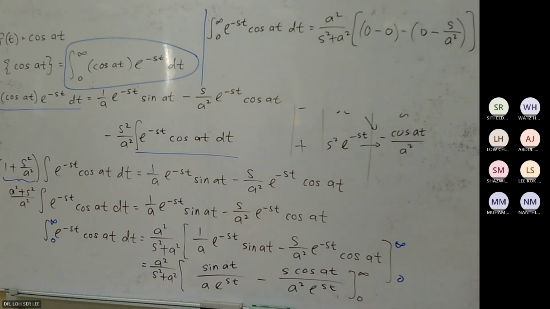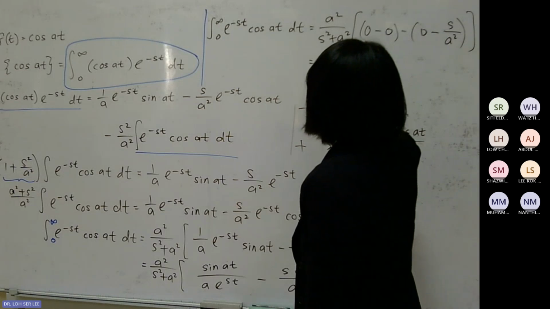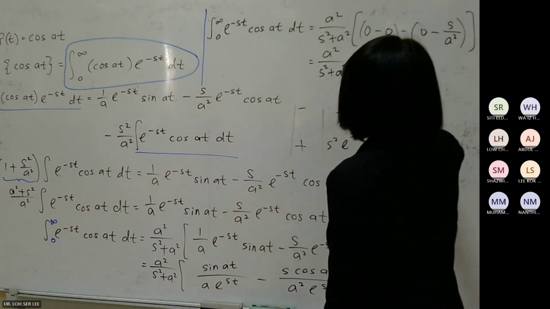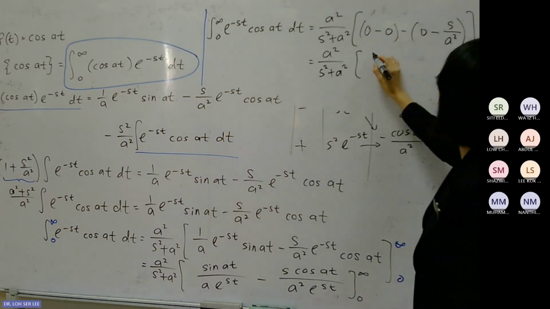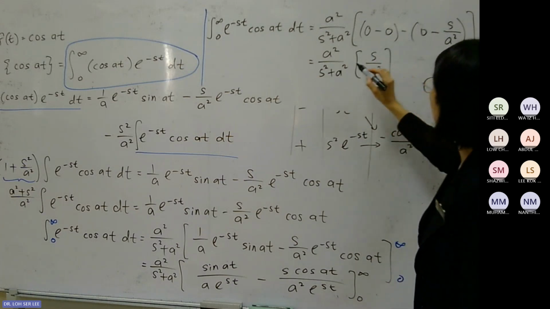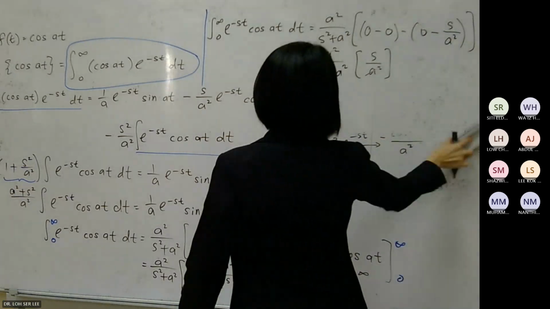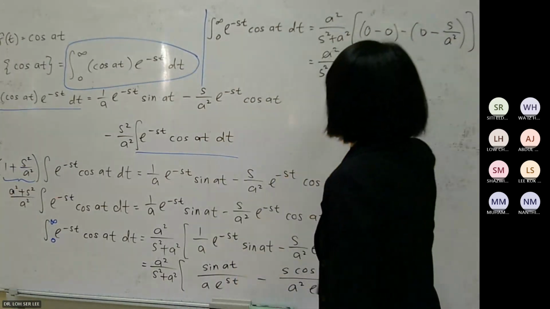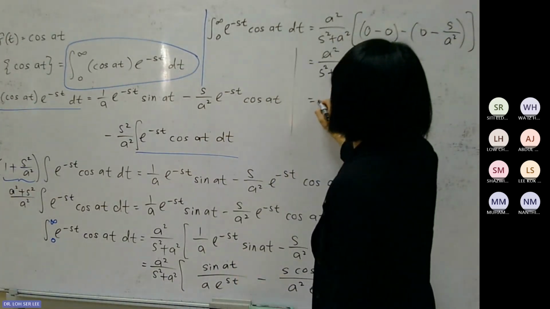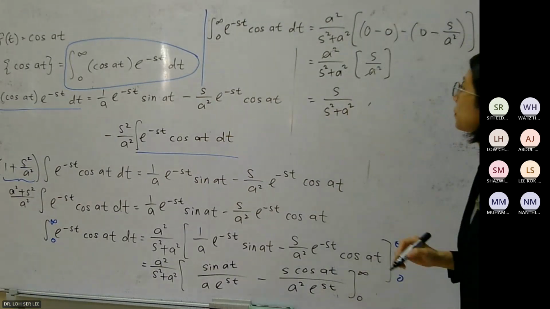Right? Meaning that what do you have here? Minus, minus, you get a plus s over a squared. So you can cancel out the a squared. So you have s over s squared plus a squared.